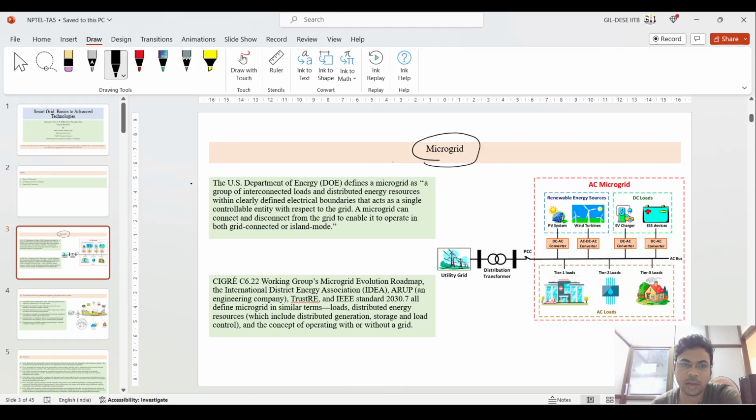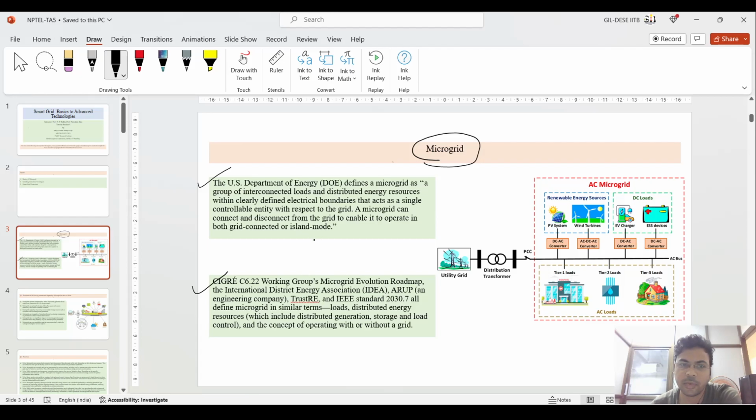That is the first basic definition of the microgrid. I have written two definitions. One is from the U.S. Department of Energy, and the second is from the CIGRE C6.22 working group, which is also followed by IEEE standard 2030.7.